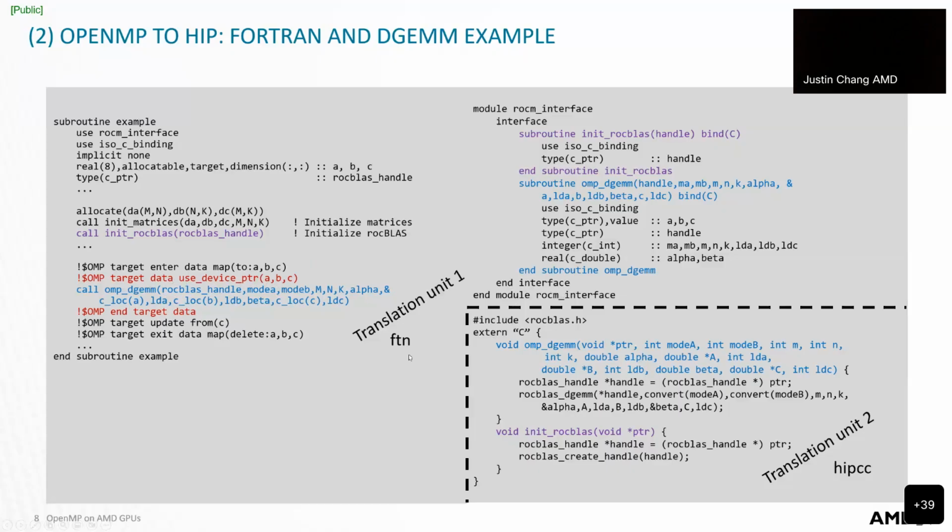So again, it needs to be separate translation units. You have this first unit, which is compiled with Fortran FTN, and then of course you have a second translation unit, which is compiled with hipcc.